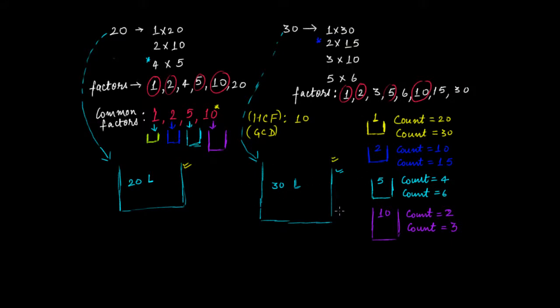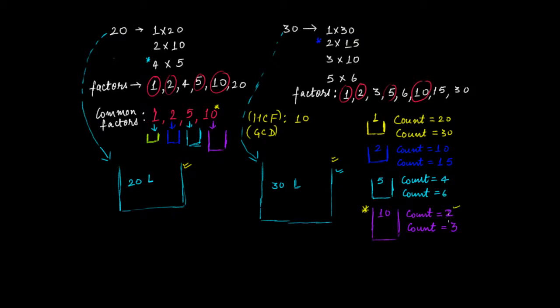Now, if someone asks you which of these beakers is of greatest capacity, the capacity of 10 liters is the maximum, right? You'll say that this beaker is of maximum capacity, because the count for this one is 2 and the count for this one is 3.